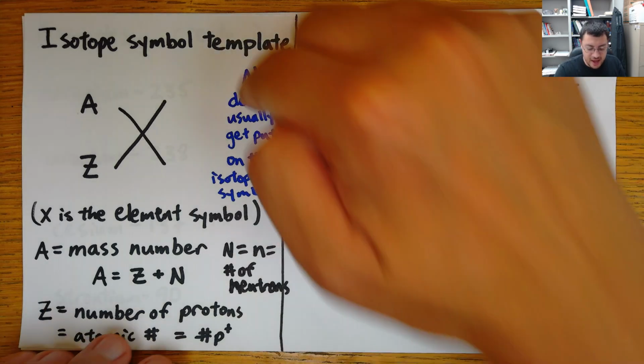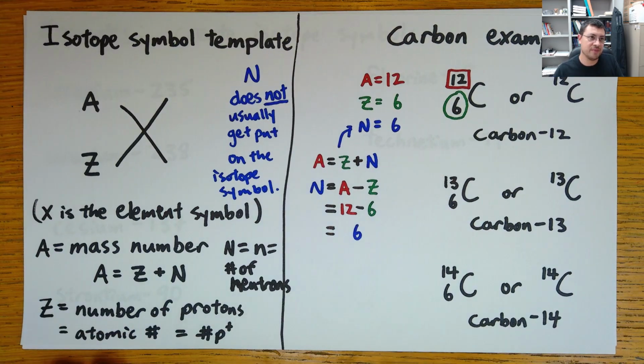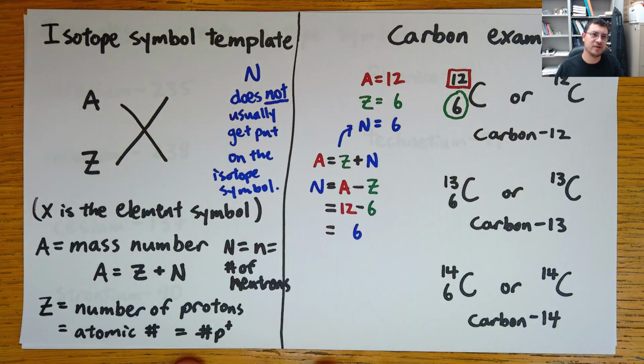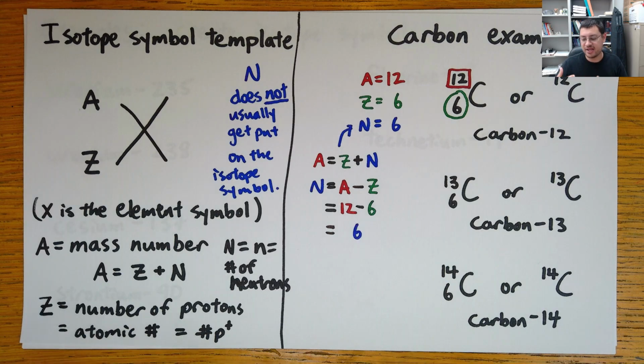Now, N, the number of neutrons, usually is not put on the isotope symbol. That's because people who work in the nuclear fields, radiochemists, nuclear physicists, chemists, we often don't really need that number of neutrons. We're often more interested in just the overall contribution to mass, the mass number, than the specific number of neutrons. That being said, sometimes we do need that number, so it's important that you know how to calculate it.